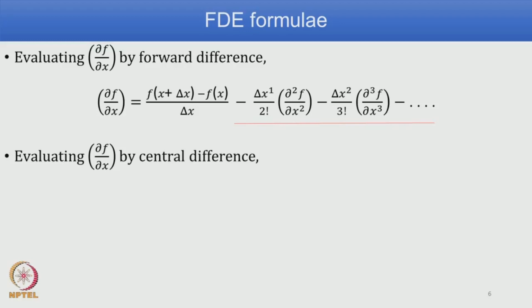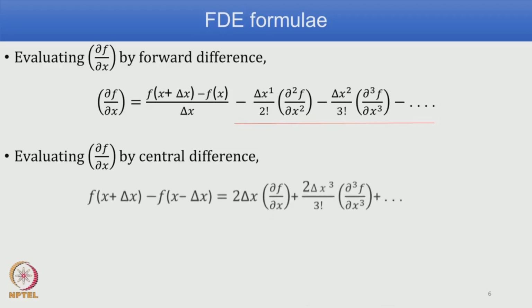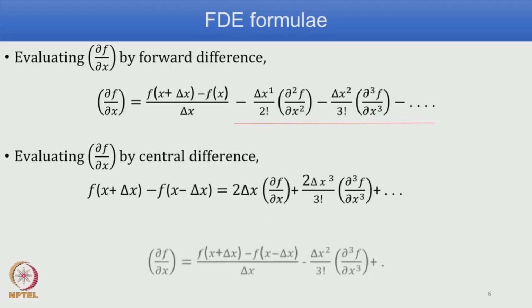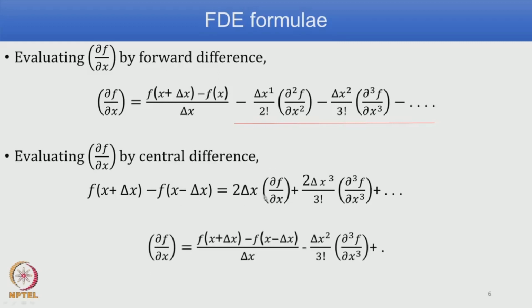We also learnt how to write the same first derivative by the central difference formula, and after simplification, we are interested only in ∂f/∂x. So, we rewrite ∂f/∂x equal to this, and you observe this is the leading term which is not considered, and this leading term is of even order, Δx² is of even order, and that results in what is known as a dispersive error.